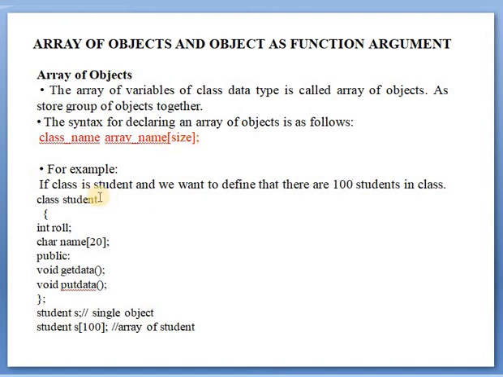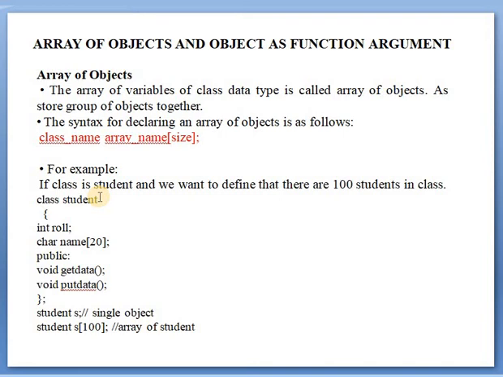See here an example: if the class is student and we want to define that there are 100 students in the class. First see why we need to create an array of objects. Suppose we declared a class student, and it has data members like roll number and name, and two member functions to get the data from the student and to display the data.